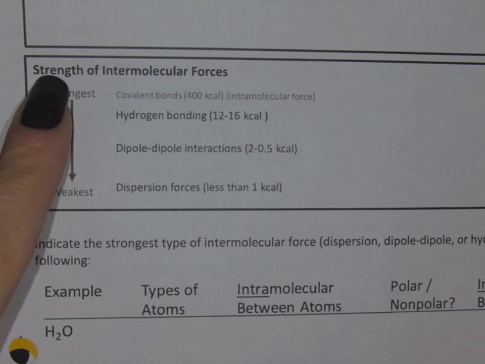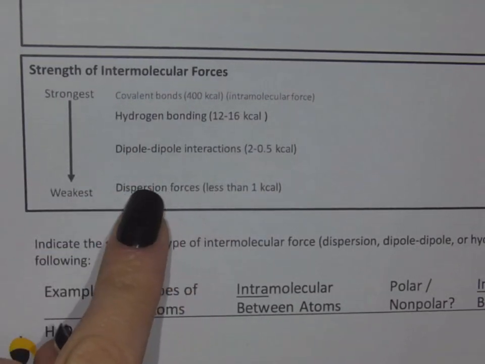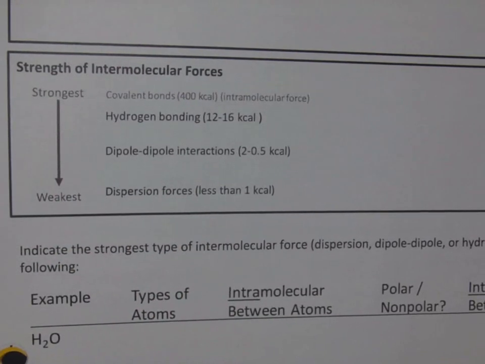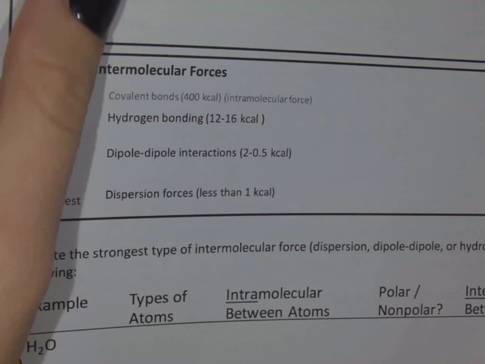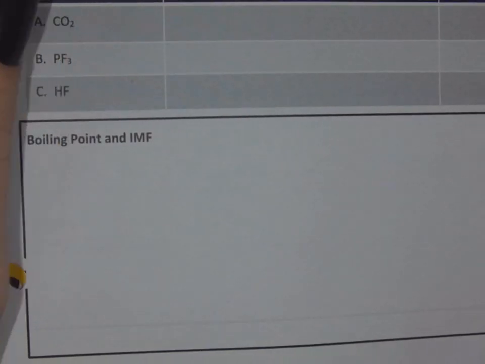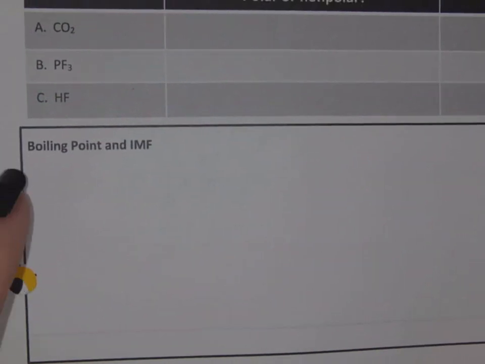So it's telling us that hydrogen bonding is the strongest IMF and dispersion, or London dispersion, is the weakest IMF. Right? Boiling point. The relationship between strength of IMF and boiling point is proportional.